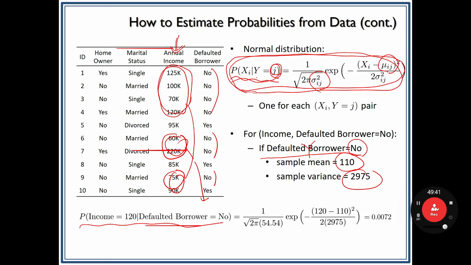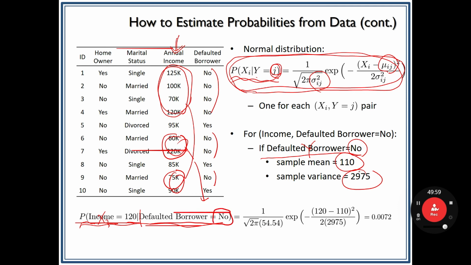But let's just simply say that this is a probability. What is the probability that income x3 equals 120 given that y is no?